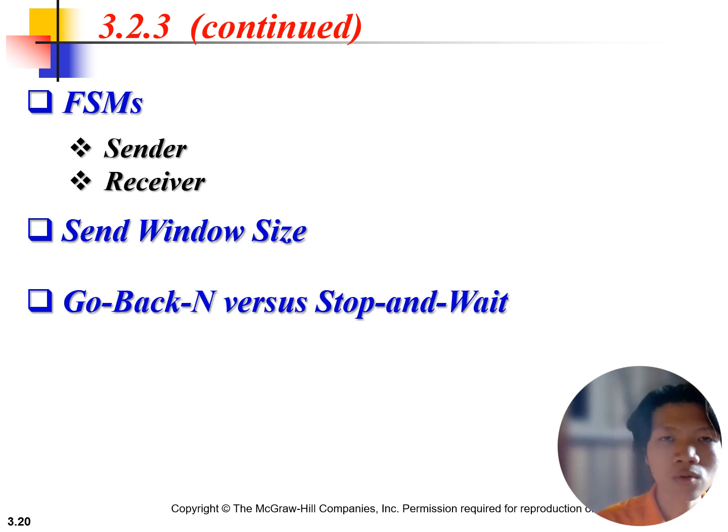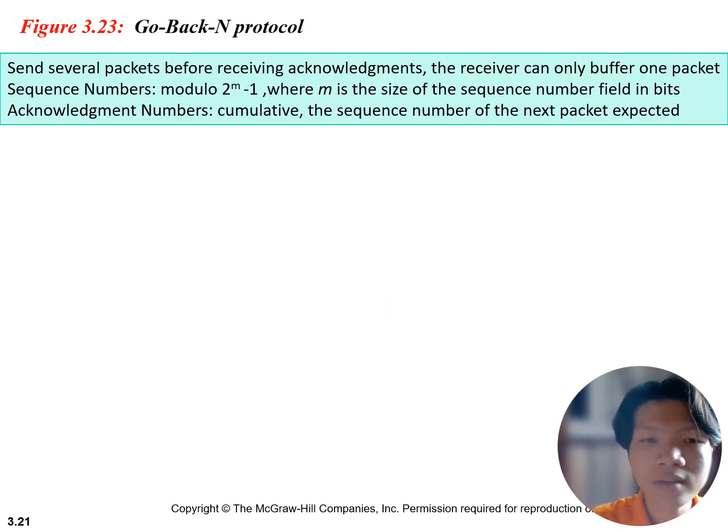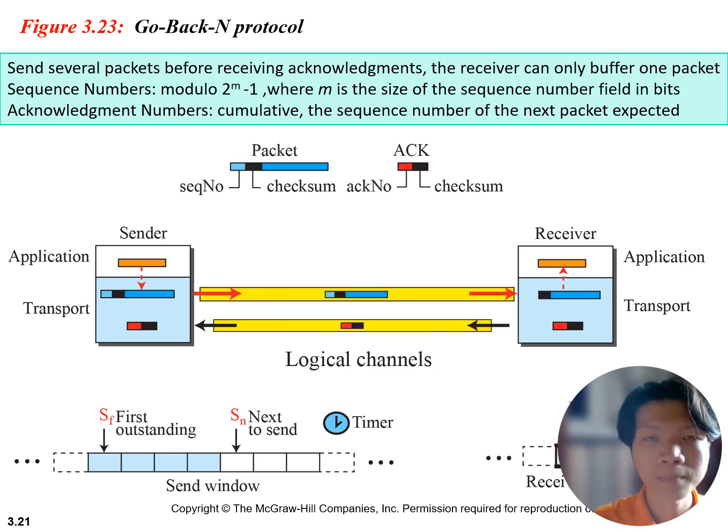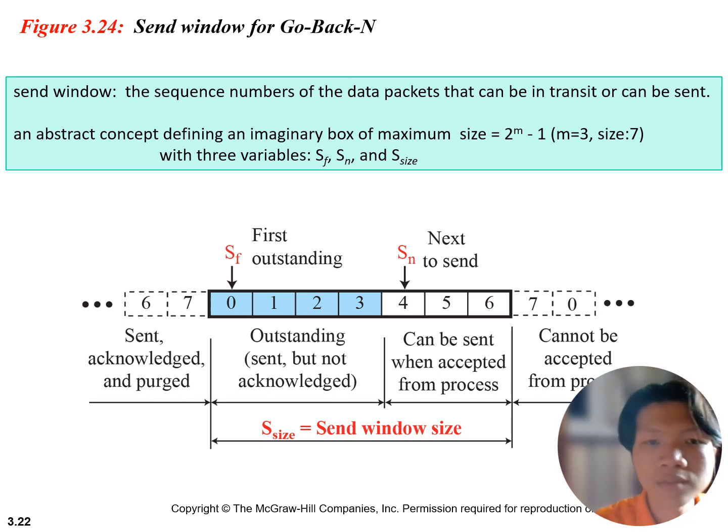Okay, let's go. This is a figure of the Go-Back-N protocol. This is a picture of the send window for Go-Back-N. The send window holds the sequence numbers of the data packets that can be in transit or can be sent.